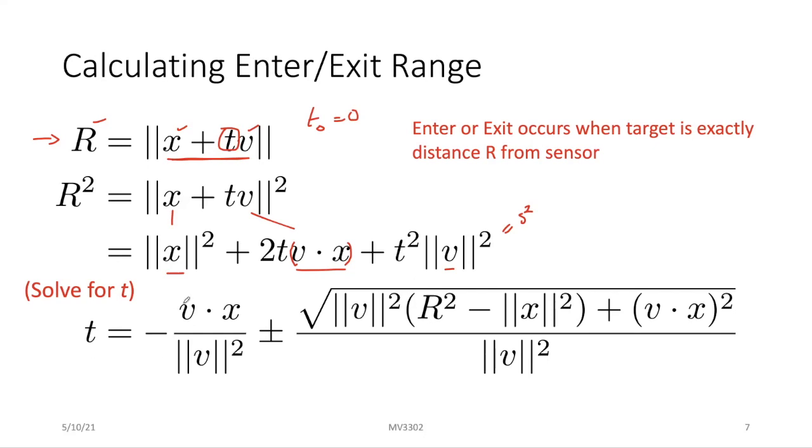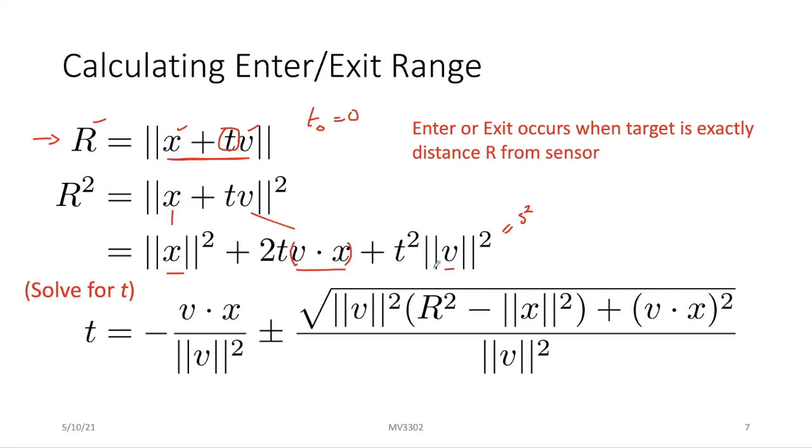So just as one example, the inner product has to do with how acute or obtuse the angle is between these vectors.